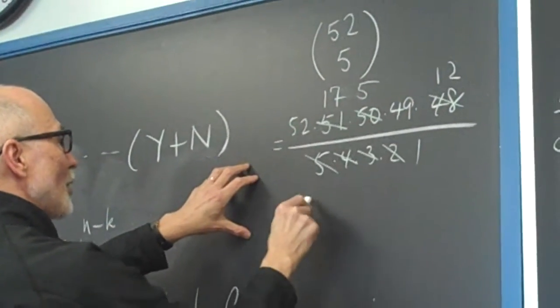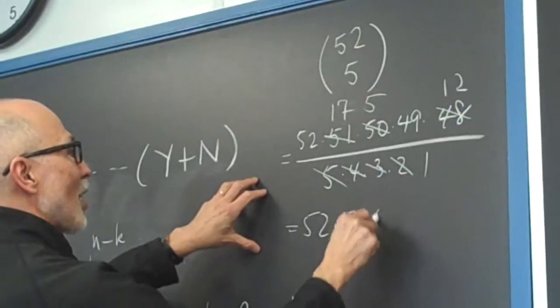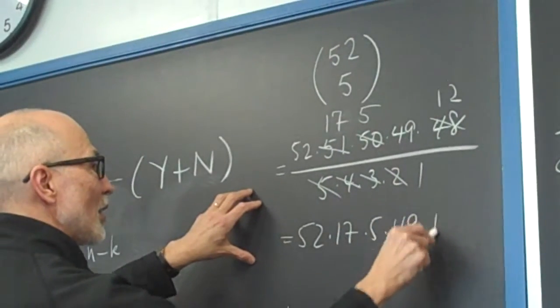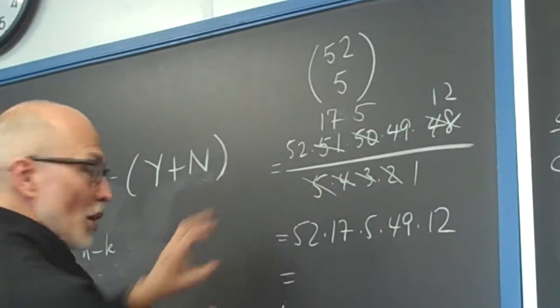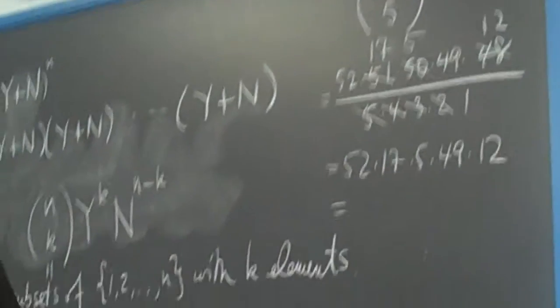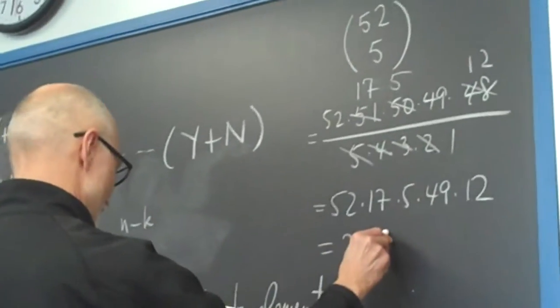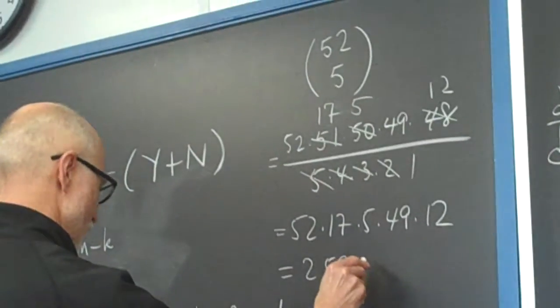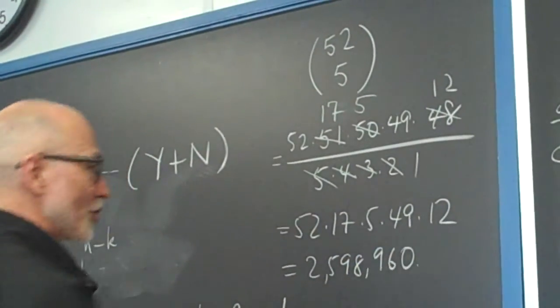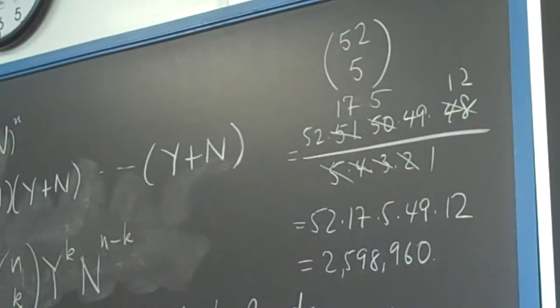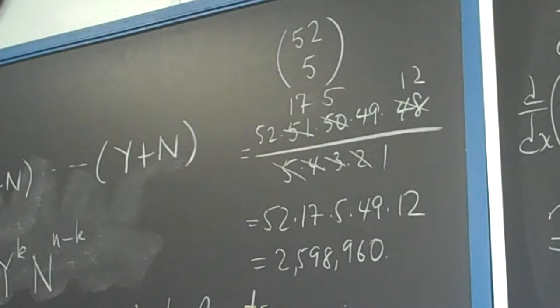So this is 52 times 17 times 5 times 49 times 12, which we all know is equal to 2,598,960, of course. So there we go. So that tells you that you can actually calculate these things when you want to.